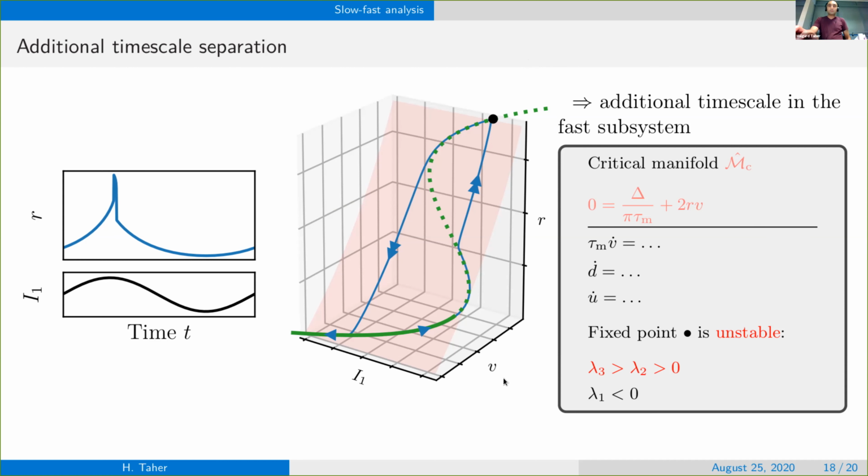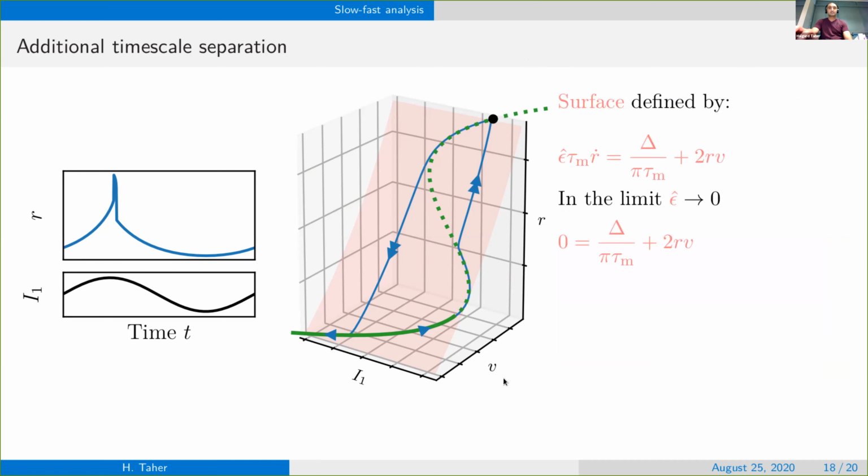Okay, so you're talking about this surface equation, I suppose, Emre. It was a guess, basically. The right-hand side is obviously the right-hand side of the R equation. So we assumed that there seemed to be a third timescale by putting some epsilon hat in front of this R. But as I said, it's not a very rigorous way to make this consideration, and we would like to do it properly.